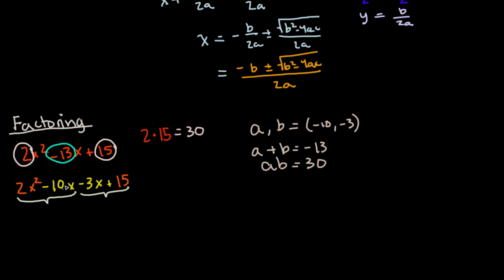So we see that 2x is factorable out of both of these, so we take out the 2x, and we see that in order to get what's left over, we have to multiply by x, and then here we have to multiply by x minus 5. So let's do that. And we do the same thing here. We take out the coefficient on this side, so that becomes negative 3 times x minus 5.